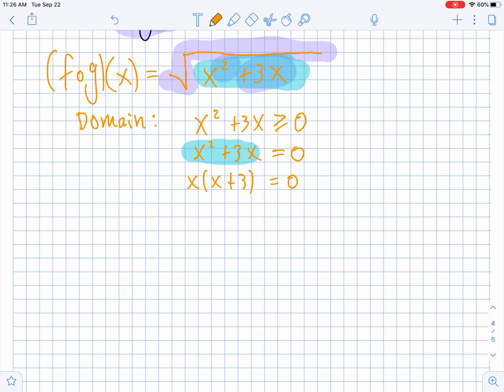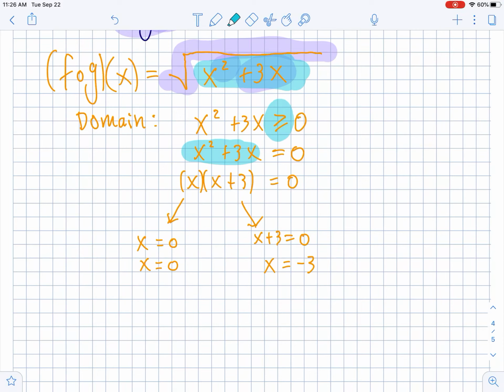If you have two parentheses being multiplied to get 0, the only way is if one or both are 0. So you split this and say x is equal to 0 and x plus 3 is equal to 0. If I were straight solving, it would be x is equal to 0 and x is equal to negative 3. But I'm not actually solving an equal sign.